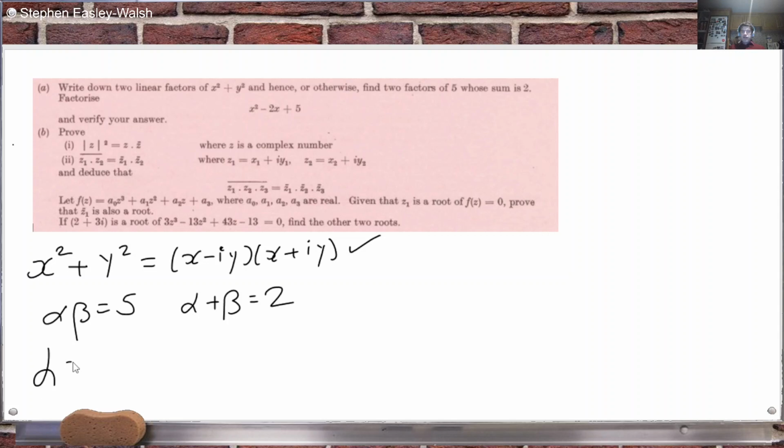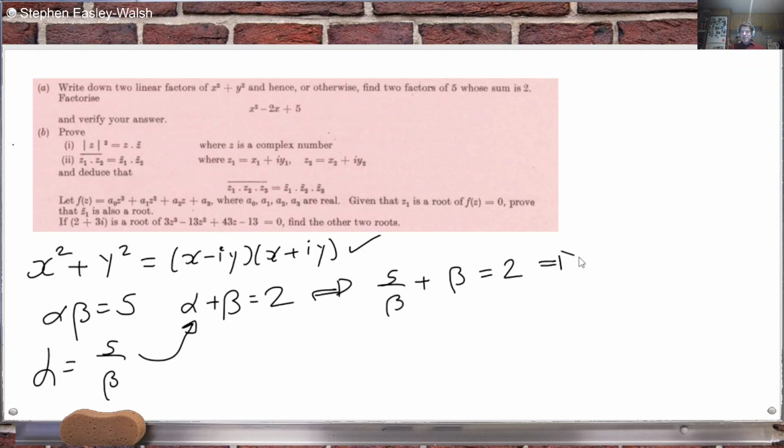So you have alpha equals 5 over beta, and if you put that in here, I'm replacing alpha, so that means you get 5 over beta plus beta equals 2. Oh, this is looking familiar.